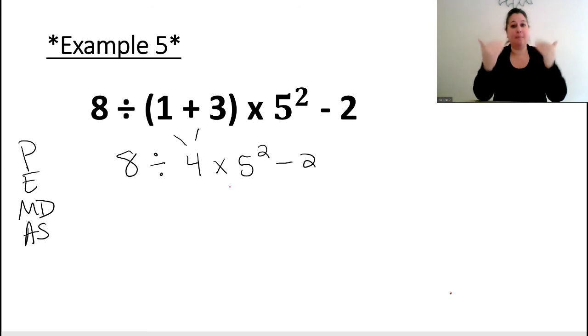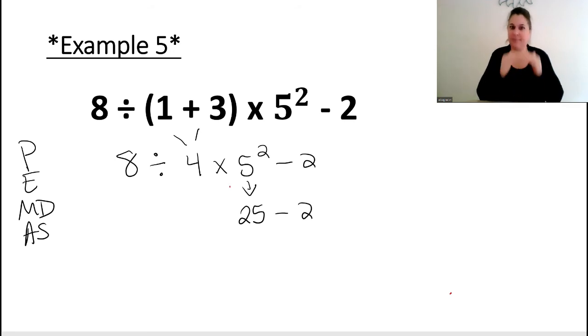Okay. Now I'm going to ask myself again, do I see any more parentheses? Nope. Do I see any exponents? Yes. 5 squared, that makes 25 because it's 5 times 5. Then bring everything else down. Then I'm going to ask myself, do we see any more parentheses? Nope. Any more exponents? Nope.